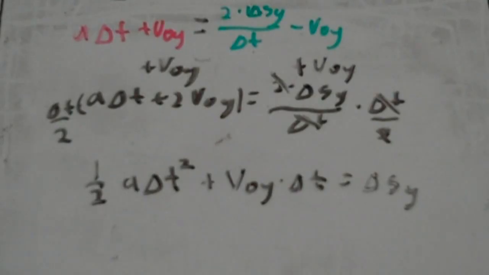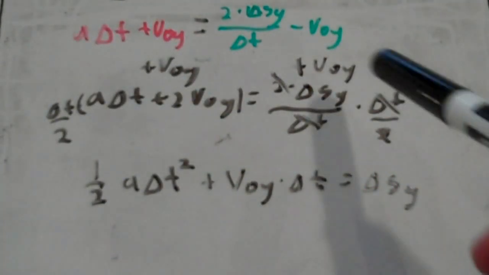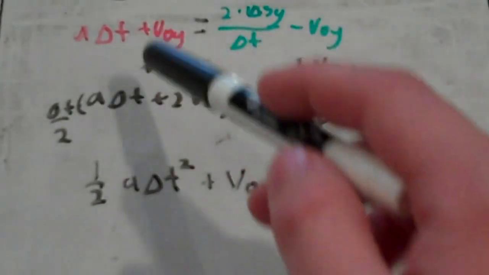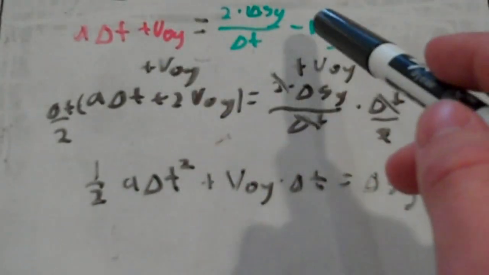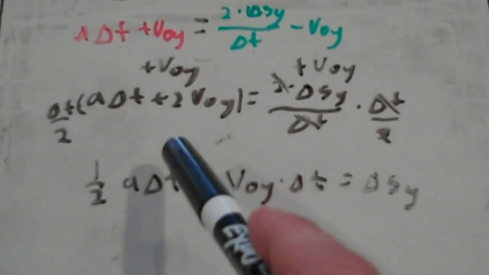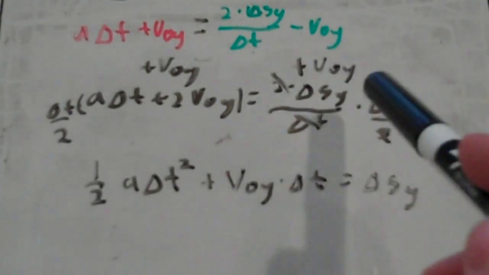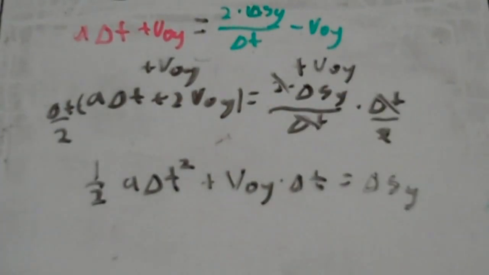So for the second part of it, I set the two equations we got earlier equal to each other, because we could do that. And then I added the initial velocity to both sides, so these two initial velocities cancel. So now we have the acceleration times time plus 2 times the initial velocity equals 2 times the change in position over the change in time.